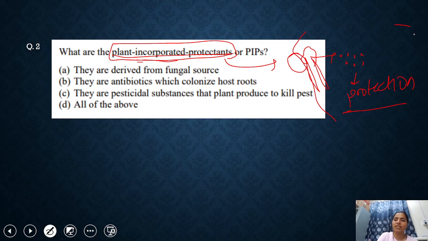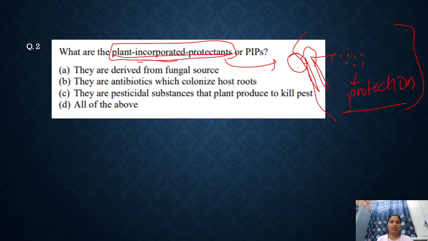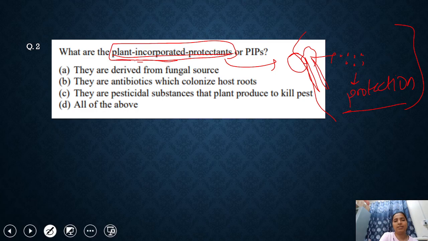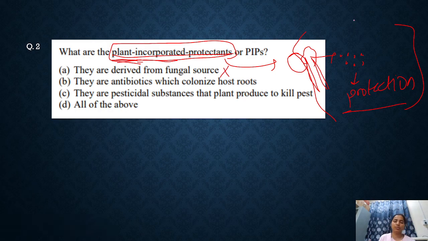So let's now read the options. First is they are derived from fungal source. No, the question itself says plant incorporated, so they are already present in the plant, so they can't be from a fungal source.